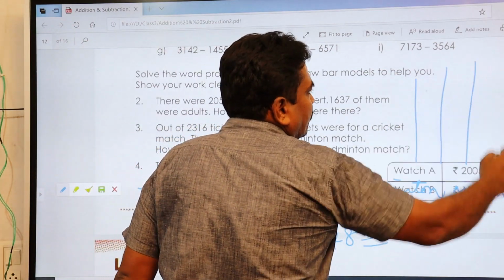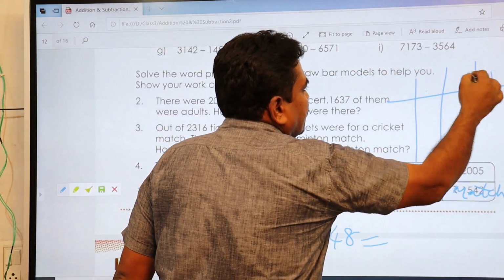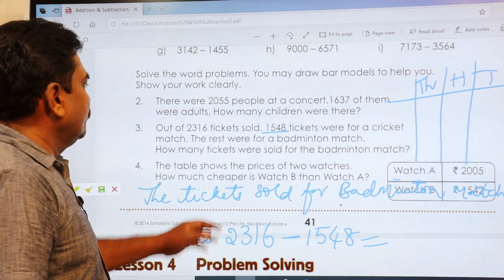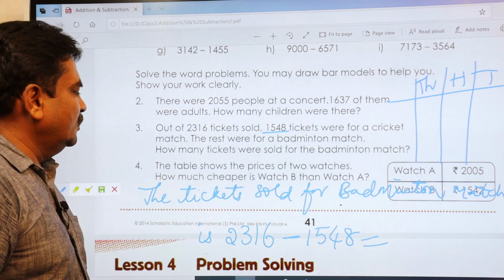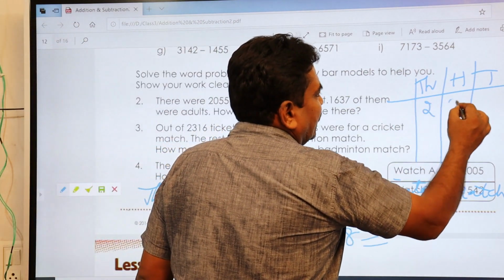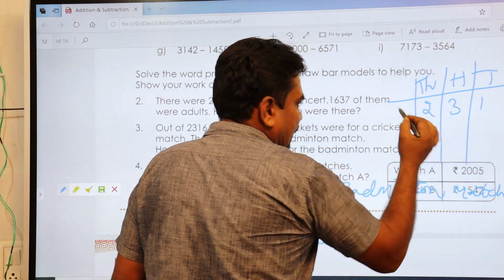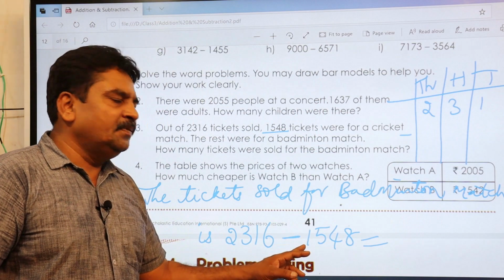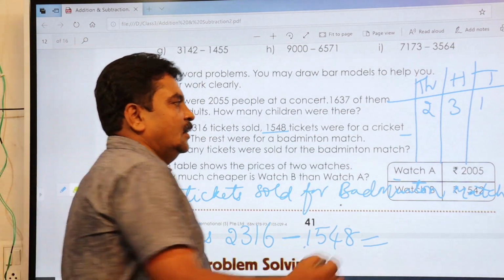Draw the columns: ones, tens, hundreds, and this is your thousands. So total tickets, how much? 2,316, minus how much for the cricket match sold? 1,548.